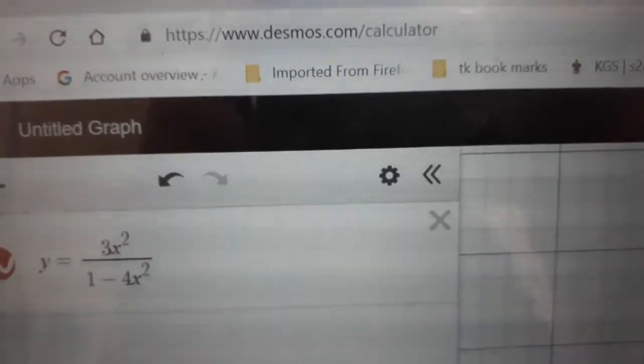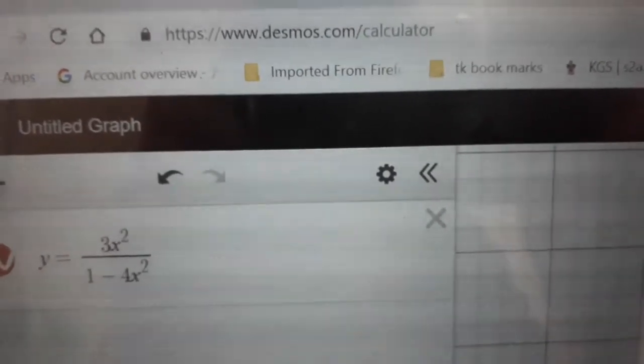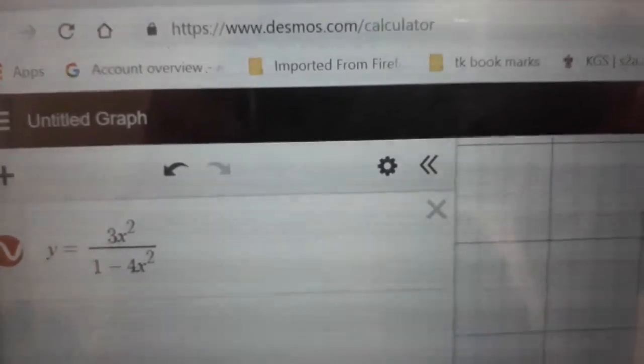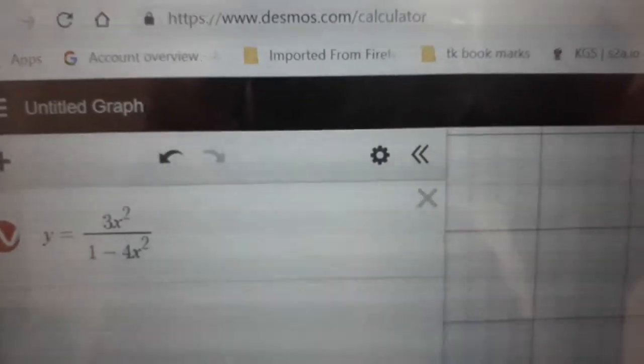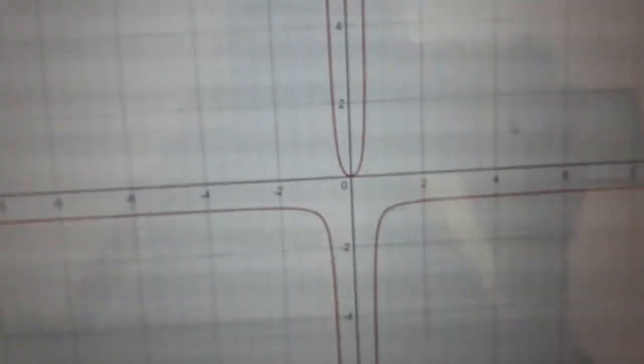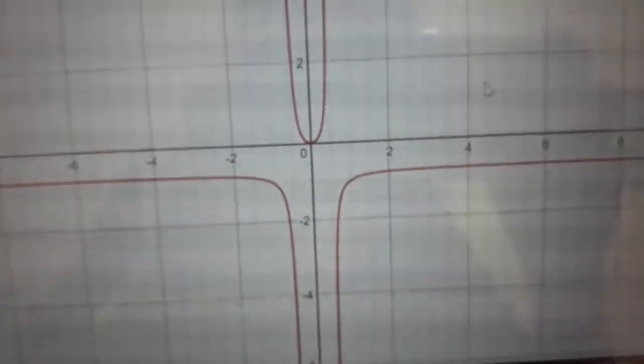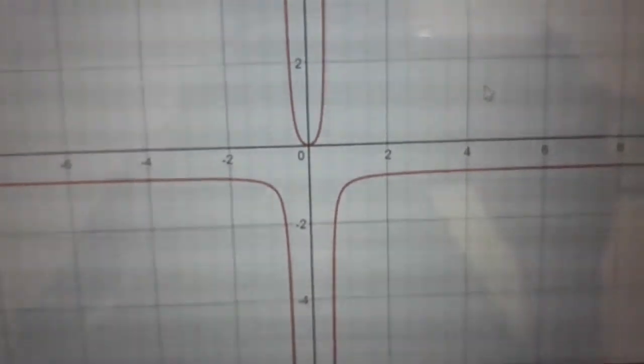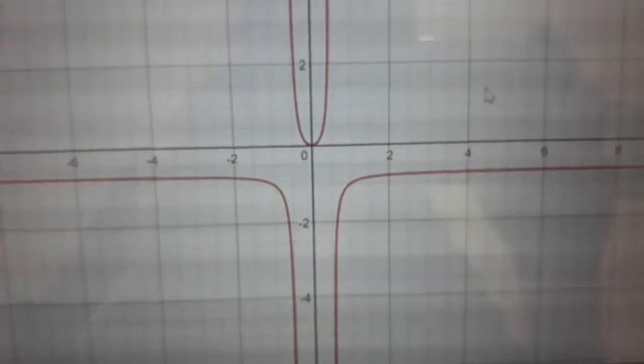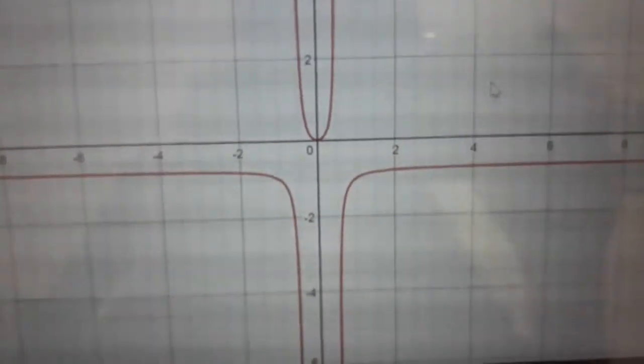Okay, so here is the Desmos. Just showing you, I have written down the equation y equals 3x square divided by 1 minus 4x square, and this is the graph I have gotten. Looks very strange, you might have never drawn such a graph, right? So what is the meaning of the question? This is the graph, and the question was saying find the gradient at x equals 1, right?